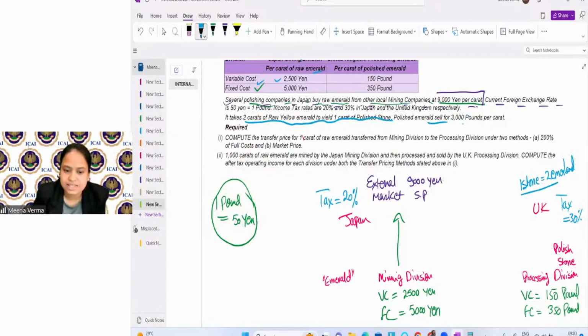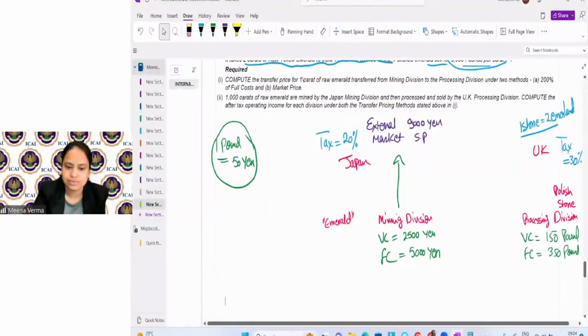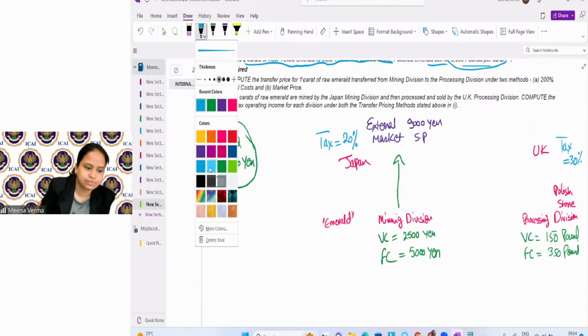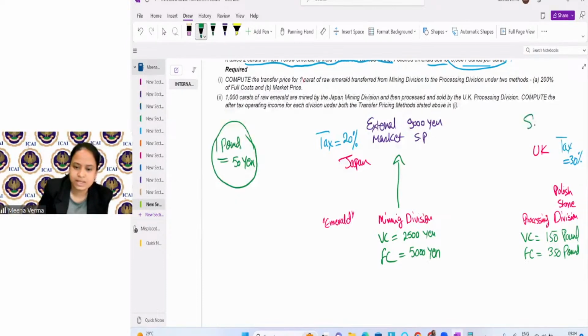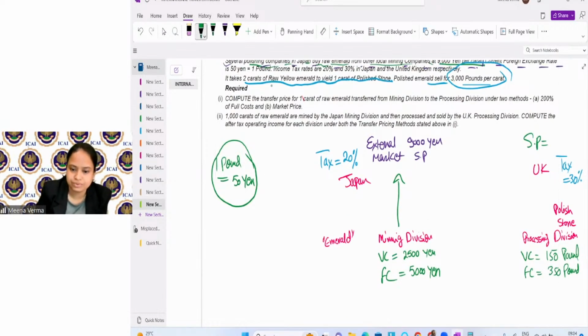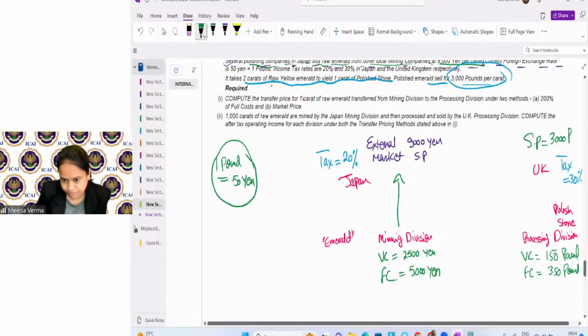Polished emerald sells at 3,000 pound per carat. Sale price is given. A polished emerald, the polished stone, sale price is what? Sale price is 3,000 pound. Okay, it is given.